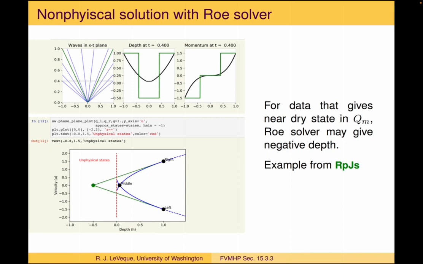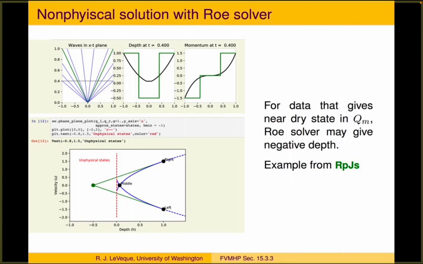There's also an example shown in the notebook and discussed a little bit in the finite volume book about the fact that the Roe solver can be inaccurate, and in fact can be disastrously inaccurate in some cases. In particular, it can sometimes give you an intermediate state that's not at all physical. So here we look at a problem where the depths hL and hR are initially equal, but the velocities are outgoing on both sides.